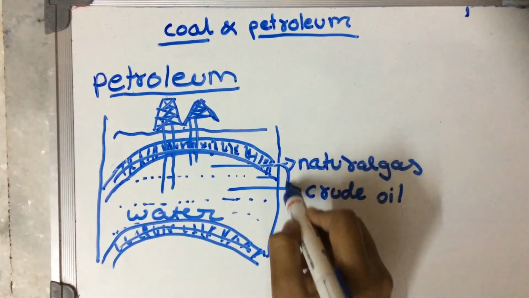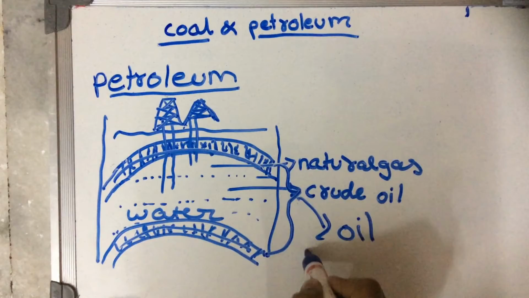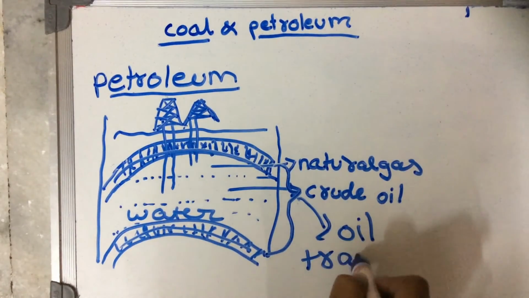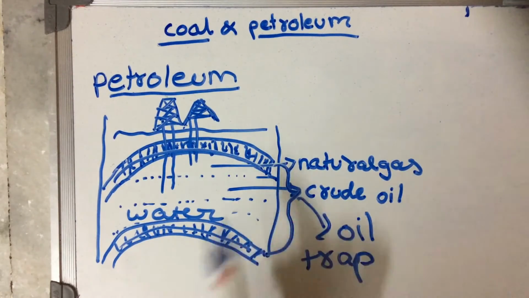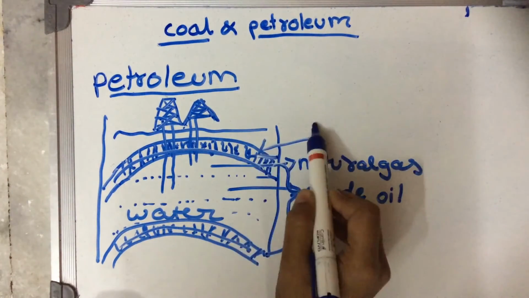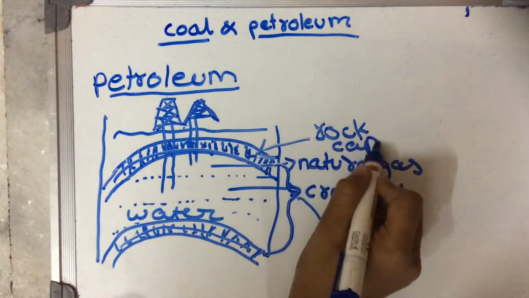This contraption is called an oil trap. The natural gas always collects above the petroleum under high pressure in the dome-shaped impervious rock, commonly called the rock cap.